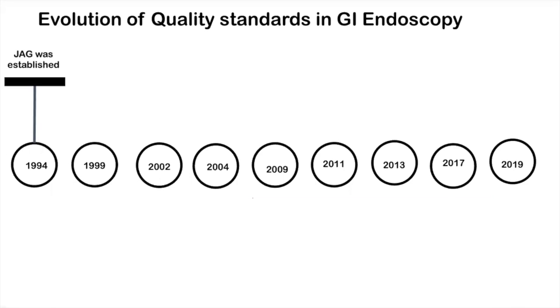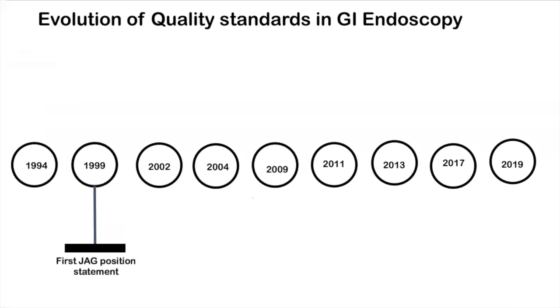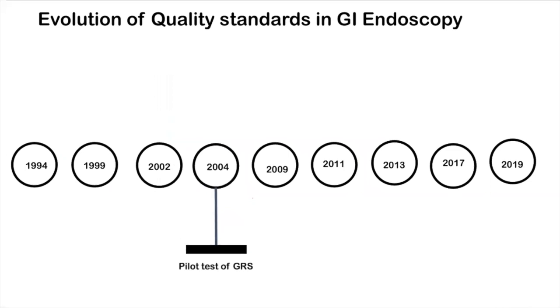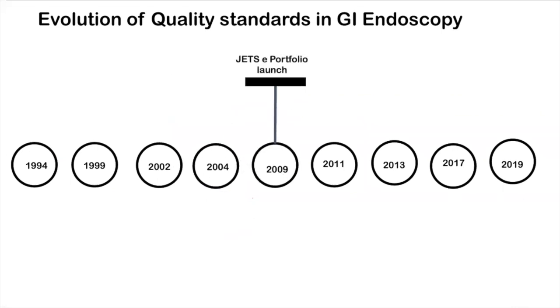In 1994, the JAG system was established. The first meeting took place and a statement was passed in 1999. 2002 was the first committee meeting. Two years afterwards, a pilot test of the global rating system was launched. The JETS e-portfolio launch also came into being, which is the system that receives databases from hospitals all across.